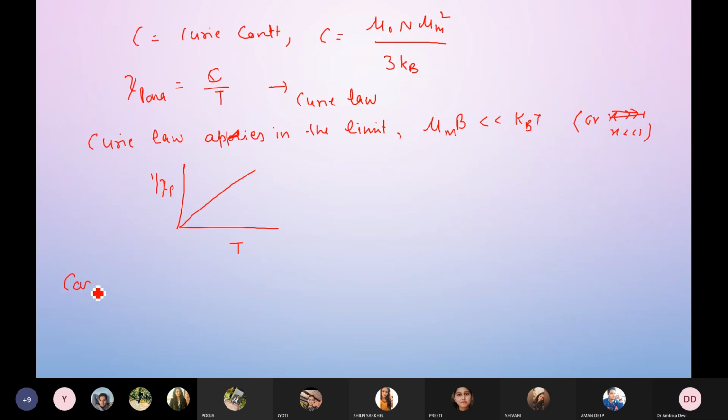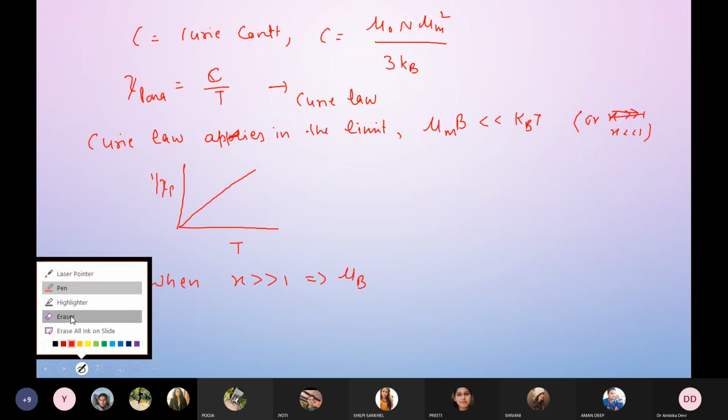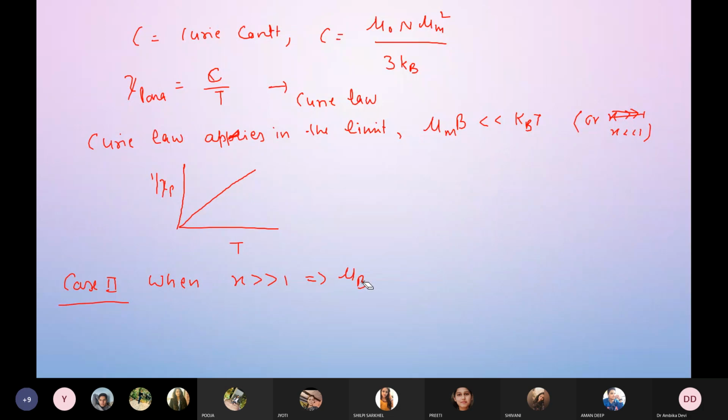Now case 2 is when x is greater than 1. Because x is equal to mu m B divided by kb T, right?